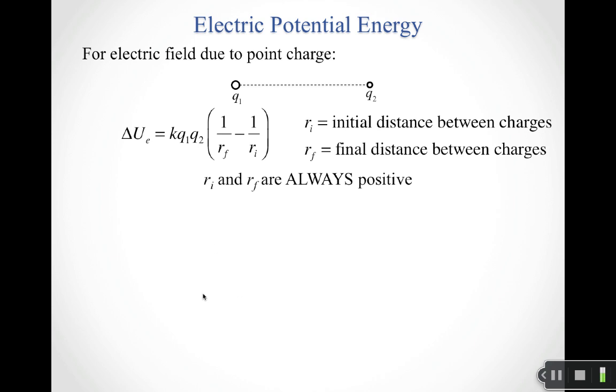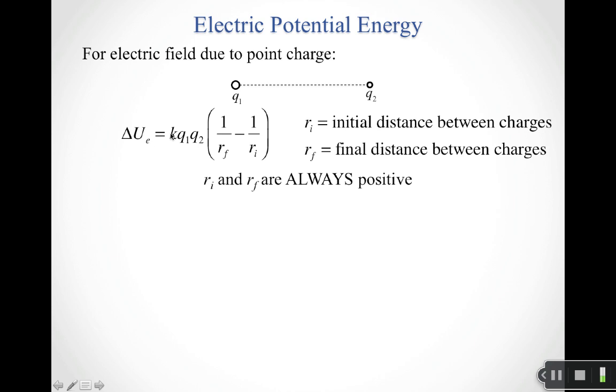Now the other way that we can deal with electric fields is to have electric fields that are due to point charges. So if I've got 2 point charges here, Q1 and Q2, I can think of Q1 as generating an electric field as a source charge, and Q2 as a test charge sits in that electric field.